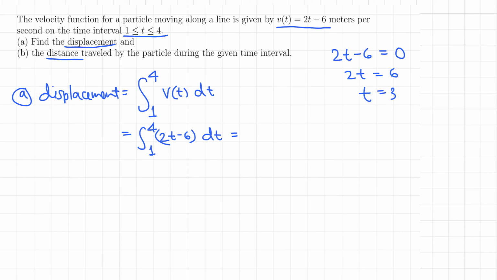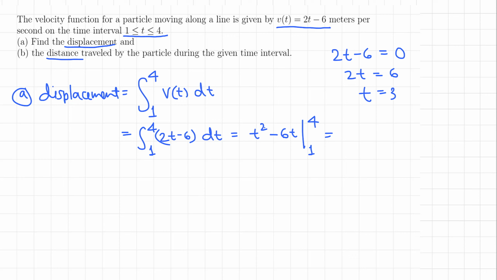Now let's integrate 2t, that's t squared. 2 times t squared over 2, the 2s cancel, just t squared. Or you can think of it as the derivative of t squared is 2t. Minus the antiderivative of 6, which is 6t. Now 1 through 4.